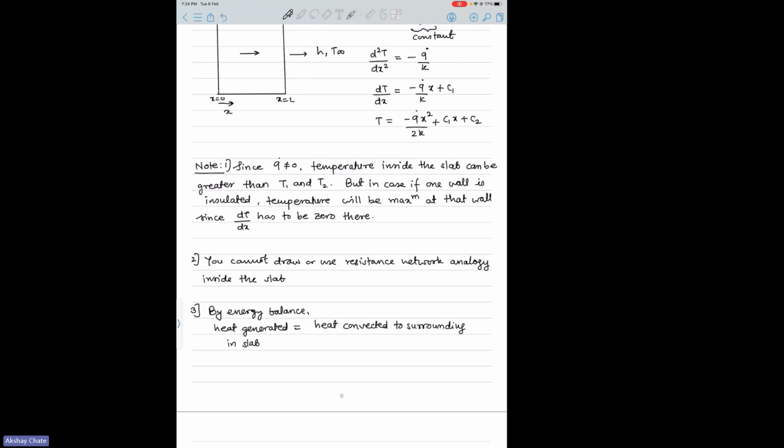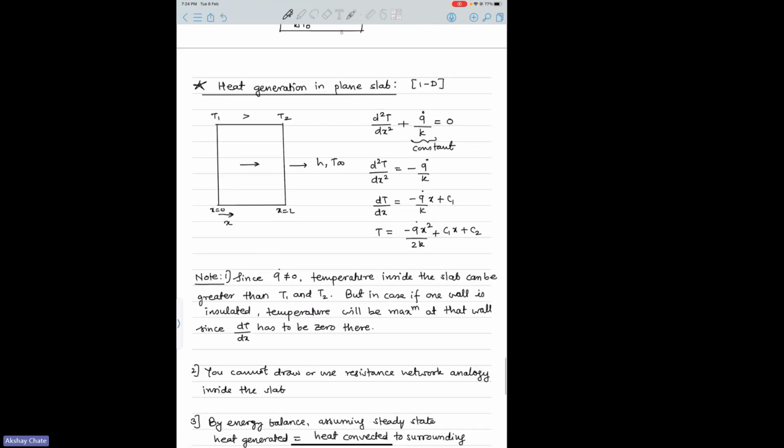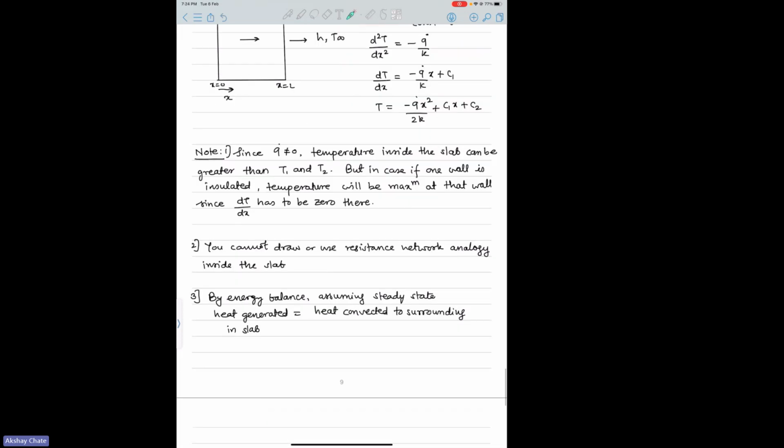This is strictly in steady state, and we are dealing with steady state only, because otherwise in this governing equation there will be an unsteady term.